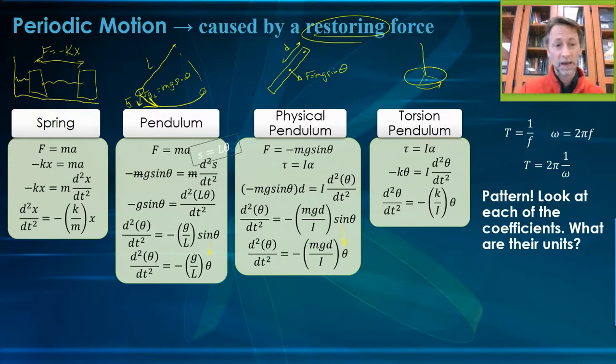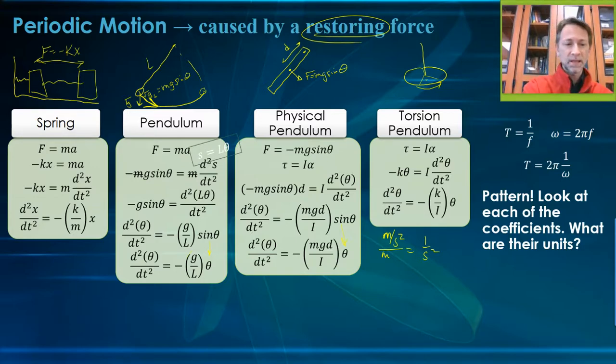So if you look at the pattern, look at each of those coefficients. This is a different pattern we're looking at. What are their units in? So for instance, an easy one might be to take this pendulum one and say g over l. Hey, g is gravity, so it's going to be meters per second squared. And if I divide that by a length, which is in meters, then don't I get 1 over second squared? Sort of interesting.